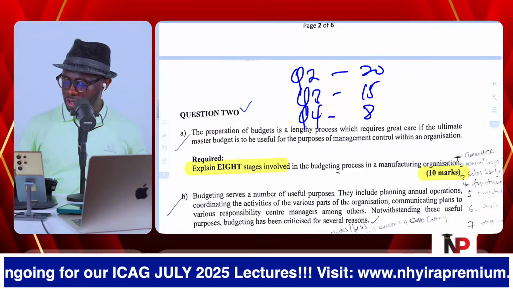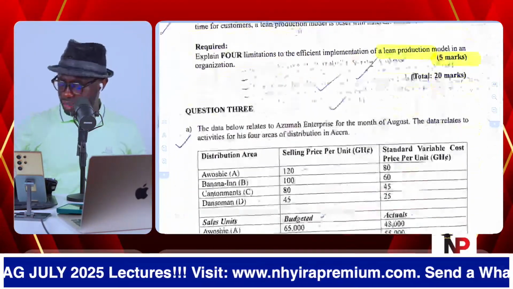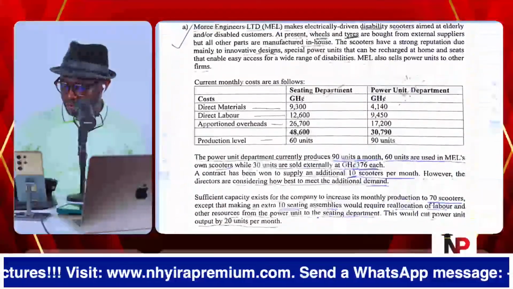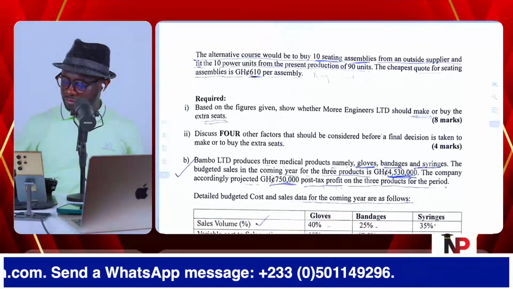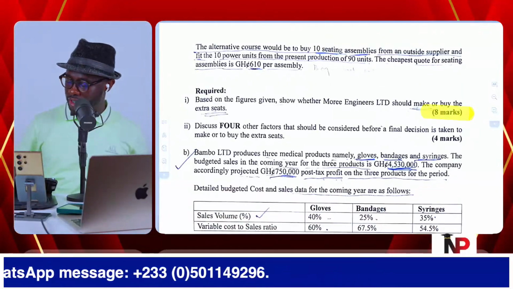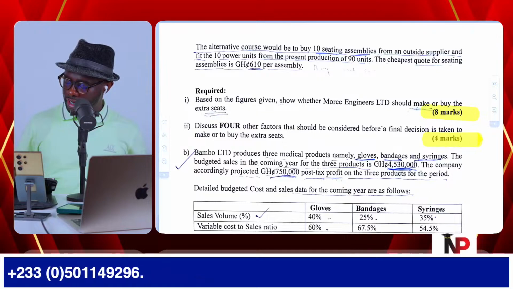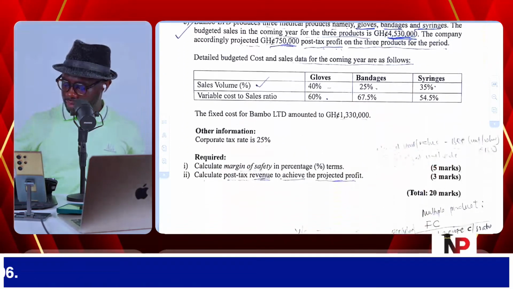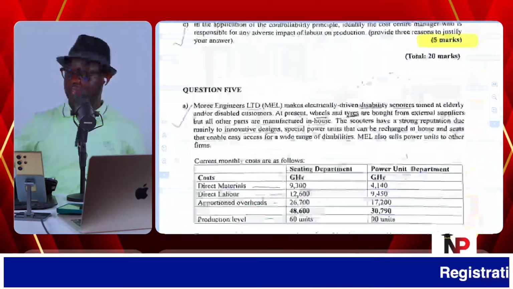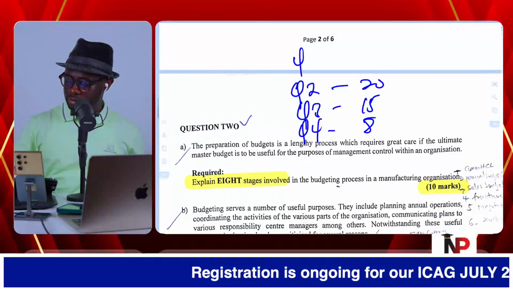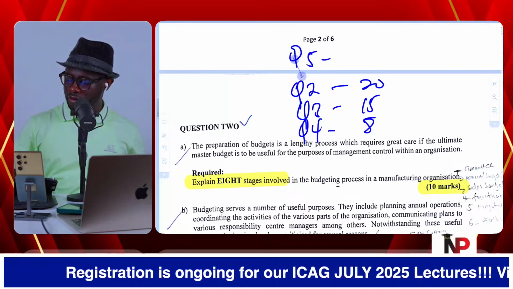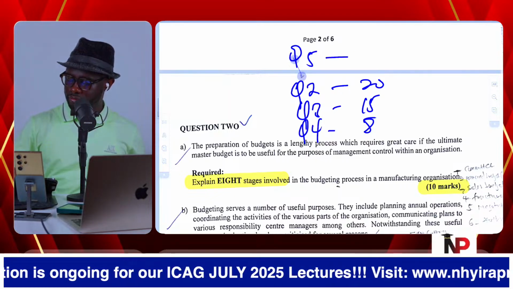So Q4, 8 marks. Then we go to the last part of the exam, that's question 5. The A aspect of question 5 was about a short-term decision, 8 marks here. Then there is a 4 marks here, and then that's it. So question 5 gave us 4 marks on the theory here.